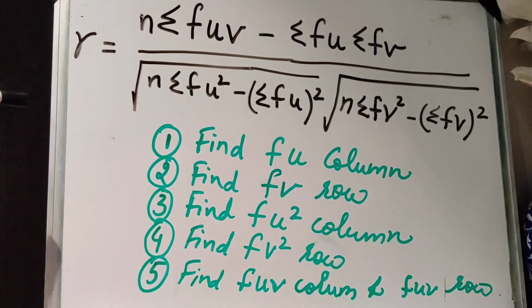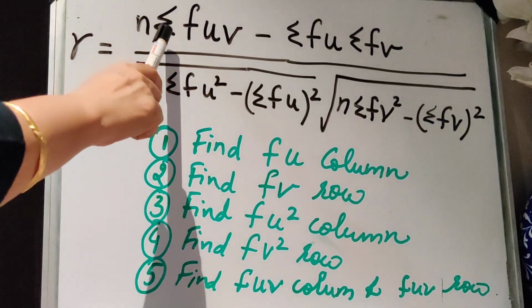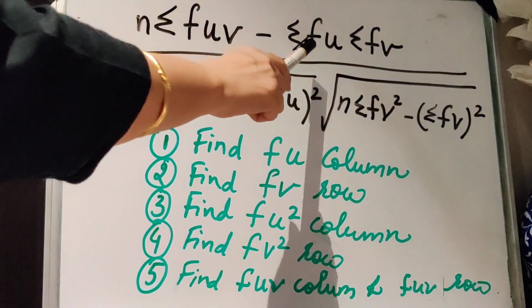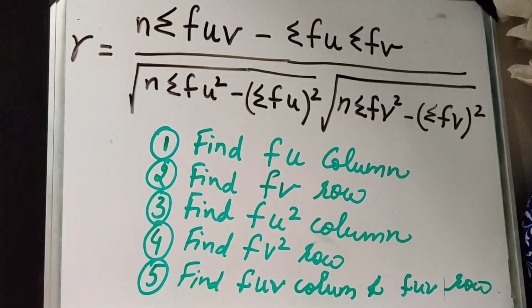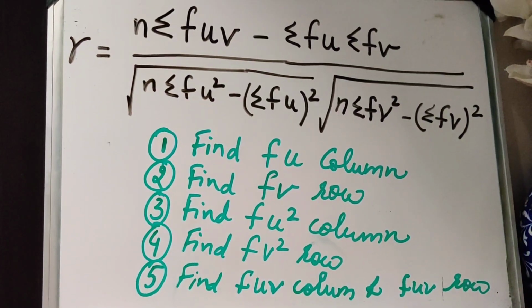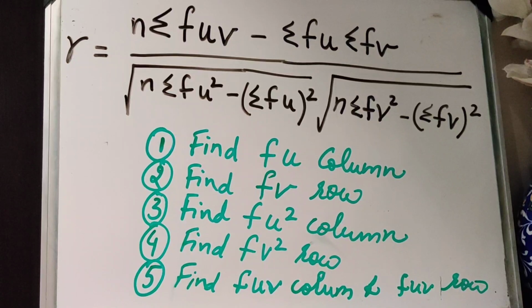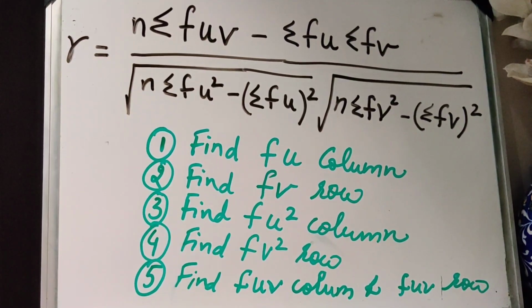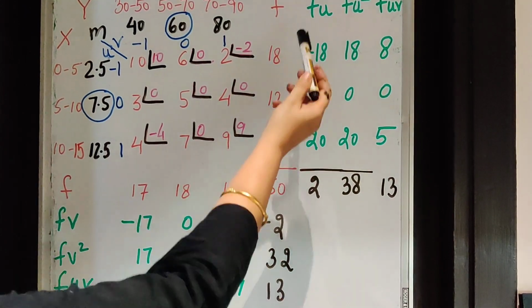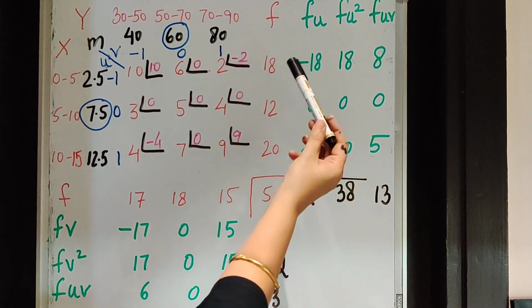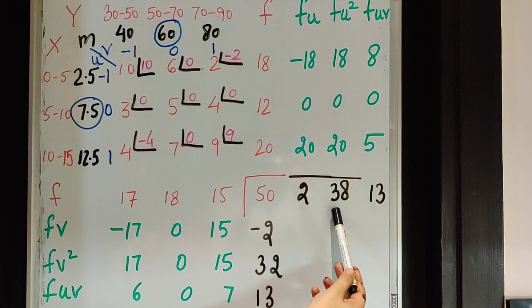As per the formula, we need to find summation of FUV, summation FU, summation FV, then summation FU square. So whatever we have done in the table, we are going to take the summation of all the rows and all the columns separately. So on taking the summation of FU column, I get 2. Sigma FU square is 38.